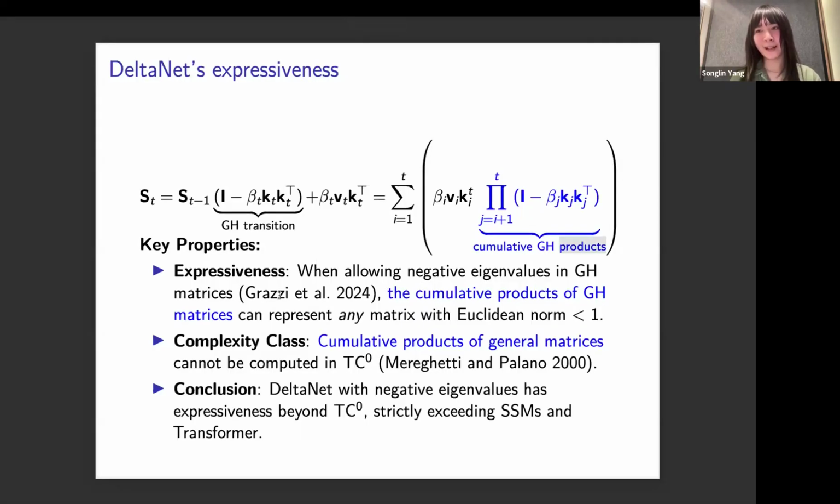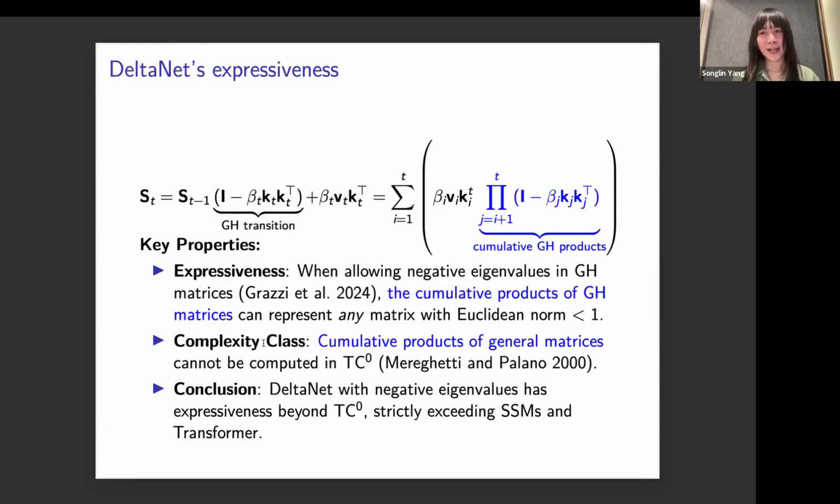In a recent ICLR 25 paper, notably selected as an oral paper, they show that the cumulative product of these generalized Householder matrices can represent any matrix of norm smaller than 1. To represent any other matrix, you only need to scale it by a constant. So this form could mimic or approximate any other real matrix.